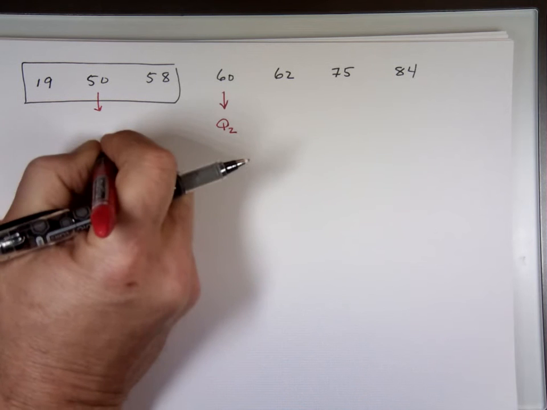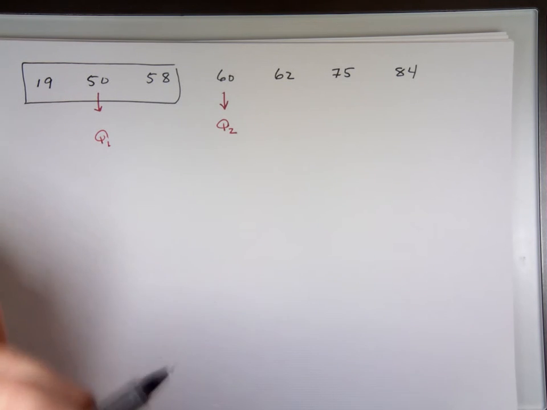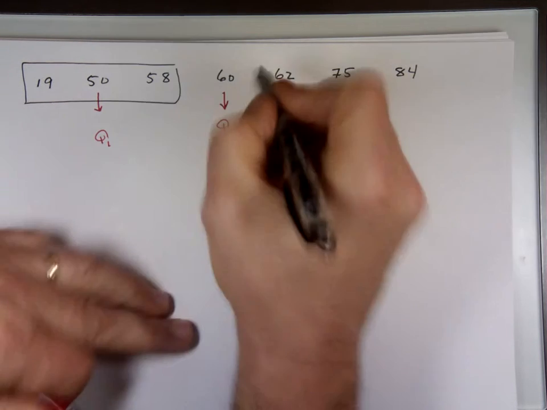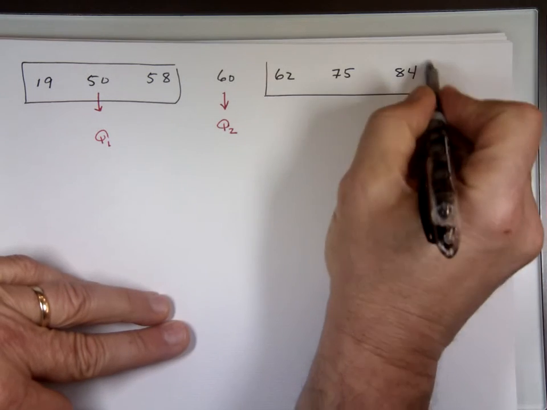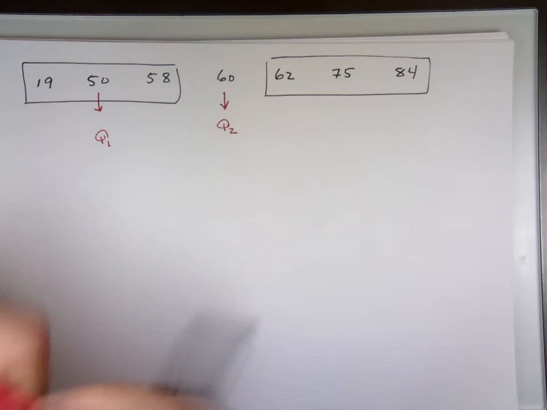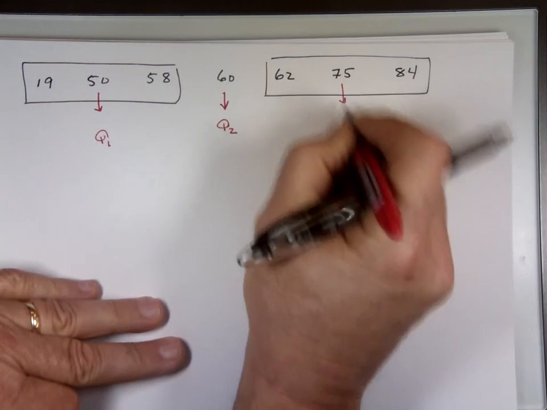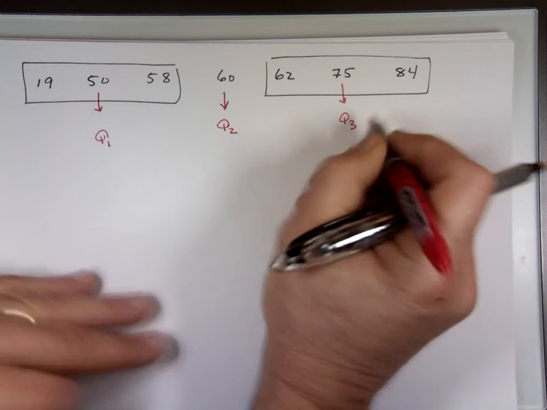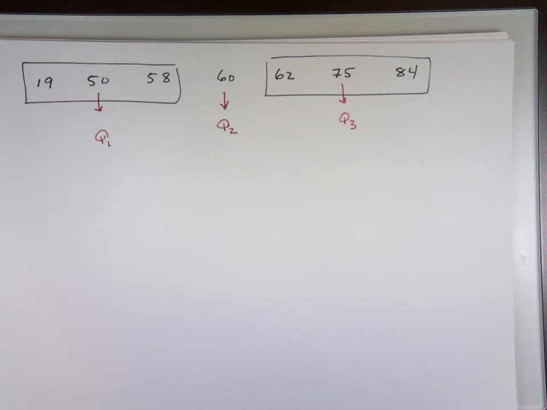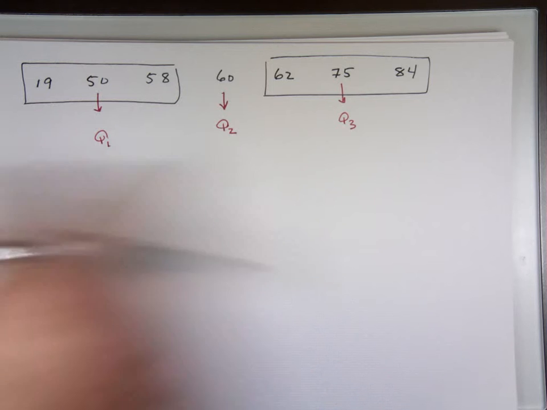That's your Q1. And let's find the median for the top half. What's the median for these values? That's your Q3. So you start by finding Q2, which is the 50th percentile. To the left of that, that's Q1, and that's Q3.